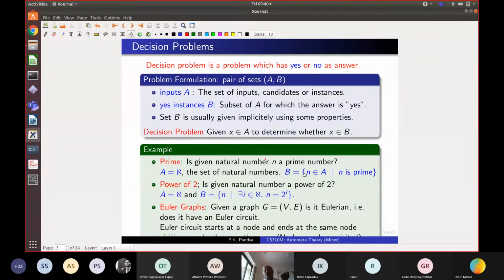For all numbers from 2 to n, we will first remove multiples of 2, then we'll remove multiples of 3. We'll go on like this, and if the number remains, then it's a prime. So you know methods to determine whether a number is a prime, and we use this. But we formulate the set of yes instances as this set.